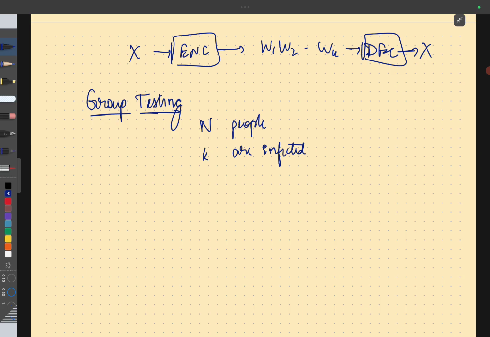Now what can you do? The only way to find whether a person is infected or not is to conduct a blood test. The output of the blood test is either positive or negative. That is, the blood test has samples of the infection or it does not.